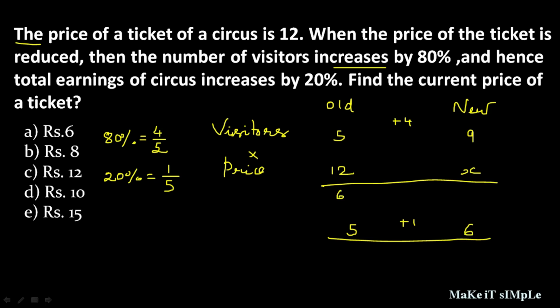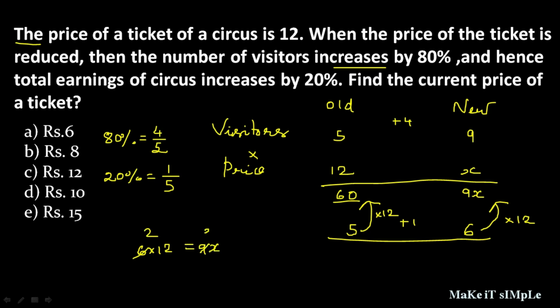When we multiply this 12 into 5, we get 60, then 9x, that is 9 into x. From these 5 units we have to multiply with 12, so that we get 60. In the same way, from 6 units we have to multiply with 12 to get 9x. So 6 into 12 equals 9x.